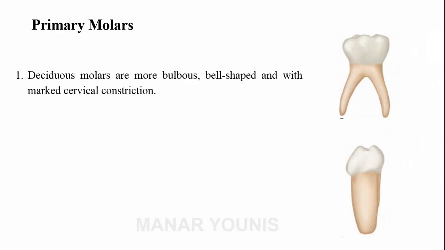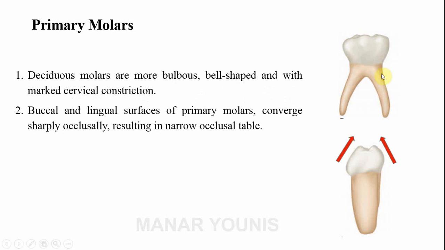Moving to primary molars, the general differences between primary molars and permanent molars are: deciduous molars are more bulbous, bell-shaped, with marked cervical constriction. Buccal and lingual surfaces converge sharply occlusally, resulting in a narrow occlusal table.